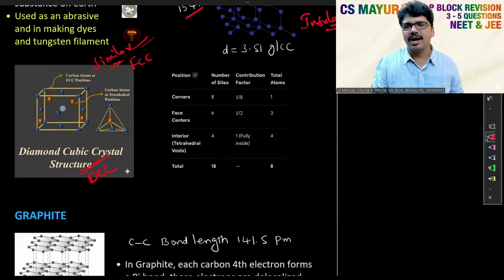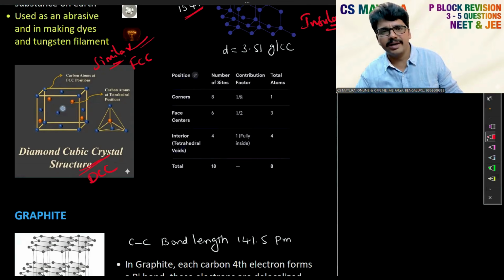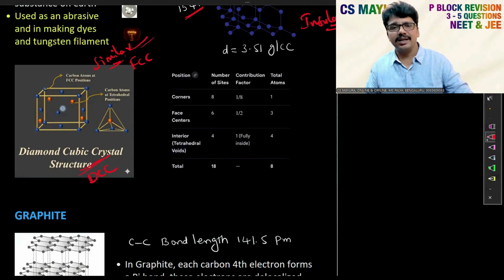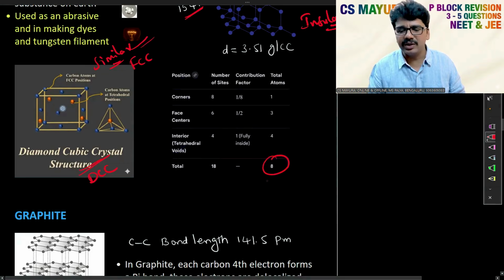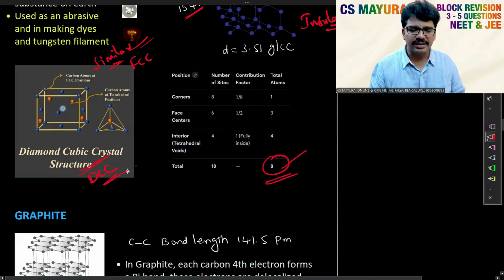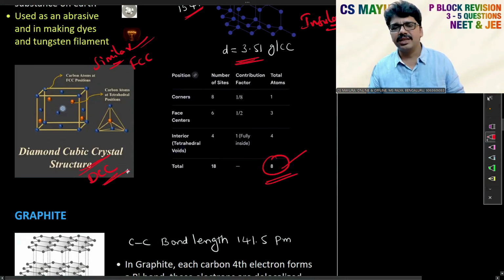All corners and face centers are occupied by carbon atoms, and 4 tetrahedral voids out of 8 are occupied by carbon atoms. Right? So the effective number of atoms per unit cell of diamond is 8. So this is the diamond cubic structure. This is the resultant structure of diamond. Because of this structure, the diamond density is very high, that is 3.51 grams per cc.